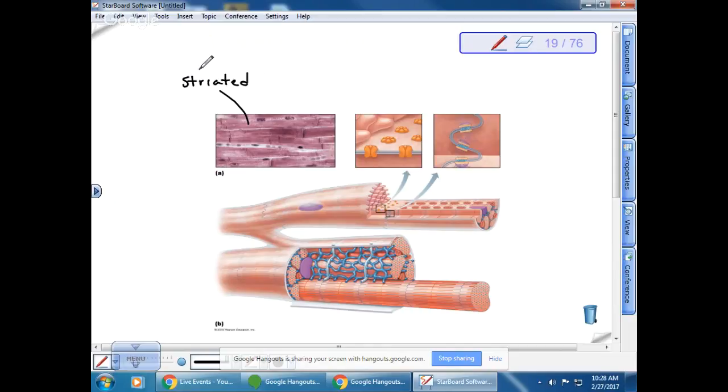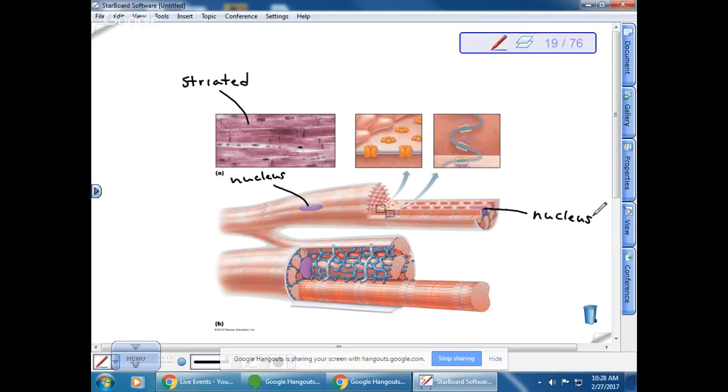Also, it generally has two nuclei that are in the center of the cell. So this is my nucleus, and this is my other nucleus inside the cell. What this suggests is that during embryonic development, cells will fuse, so two cells fused maybe to form one cardiac muscle cell.